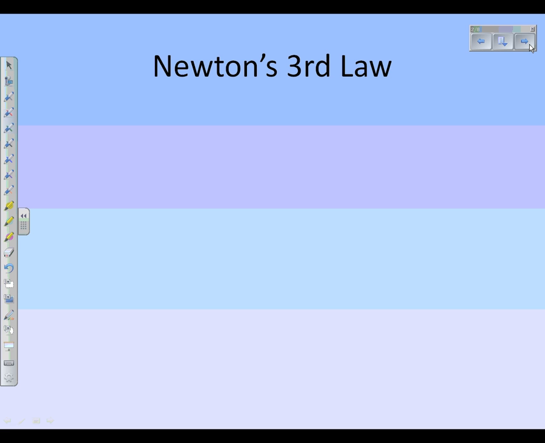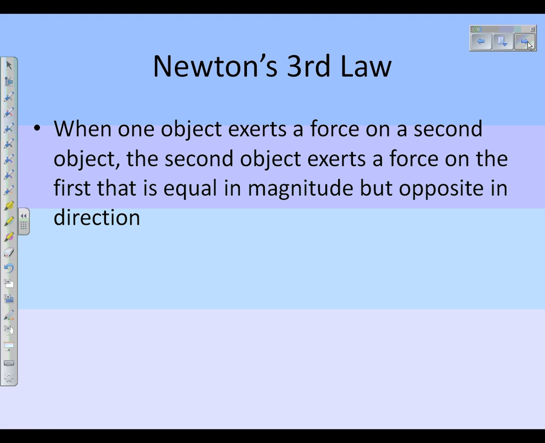You've heard it before as, for every action, there is an equal and opposite reaction. More descriptively, when one object exerts a force on a second object, that second object will exert a force back on the first that is equal in magnitude but opposite in direction.